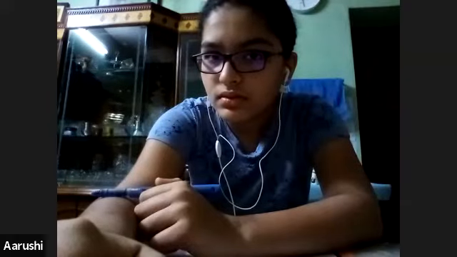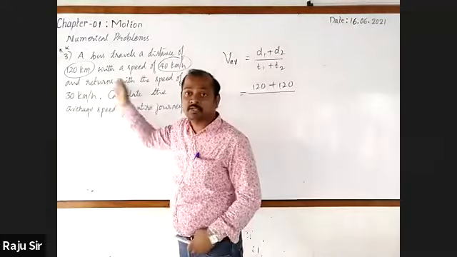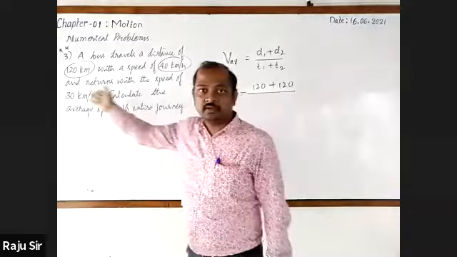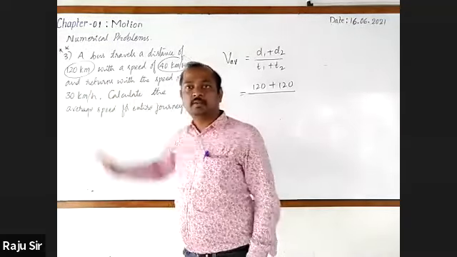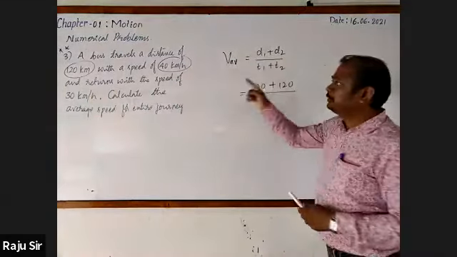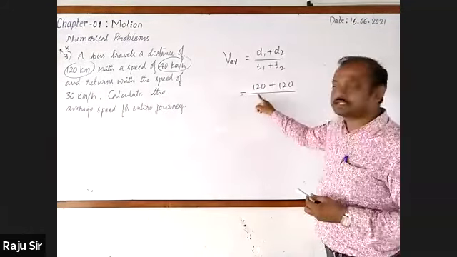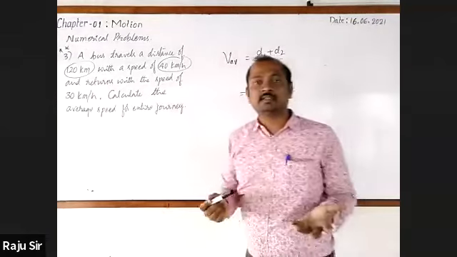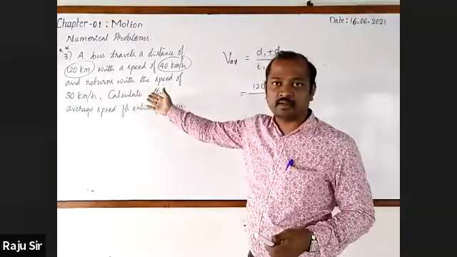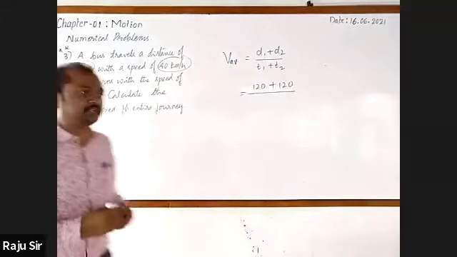In returning, it covers the same distance. But do you know the time taken in first case and second case? It is not known. So I have to find out the time taken in each case first.